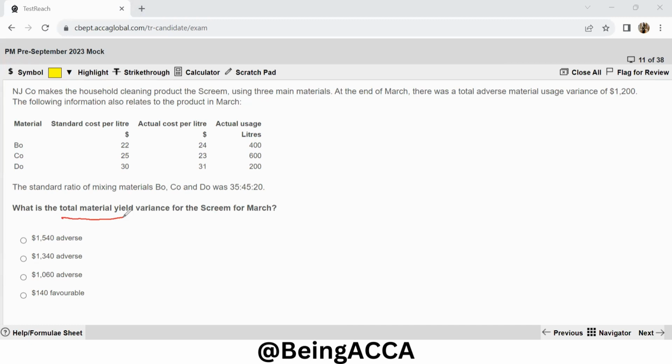So what we will use is the formula: material usage variance equals material yield plus material mix. That is how we can calculate the required material yield variance. Now what we will do over here is, we have our actual quantity in our standard mix, and then I have my actual quantity in my actual mix, and then I have the difference, and then multiplying this by the standard cost will give me my variance, right?